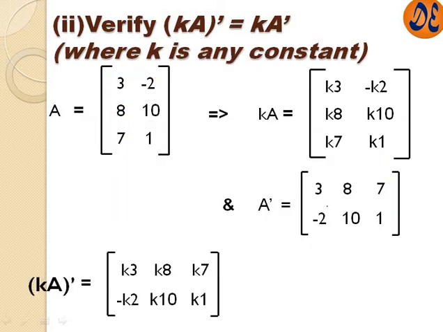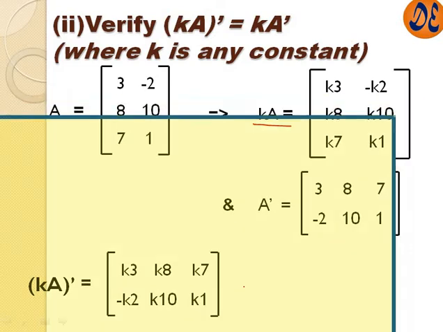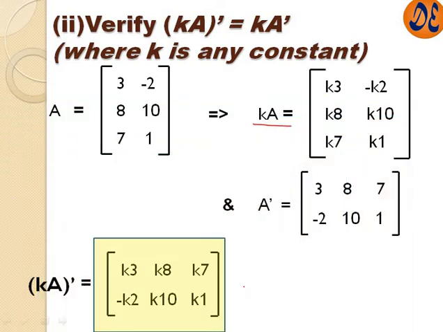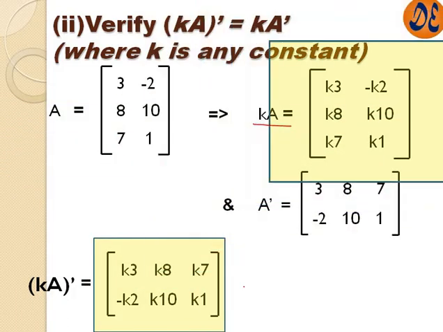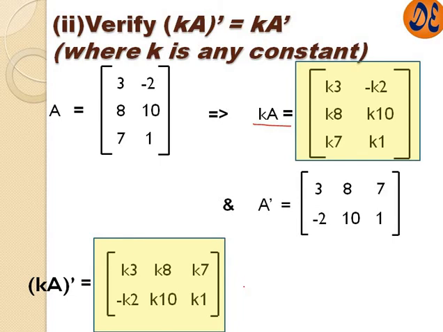Next, we have transposed the scalar multiplication of A. So we are getting this particular matrix. Check it out. This matrix is the transpose of this matrix.